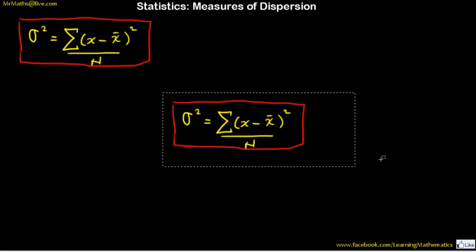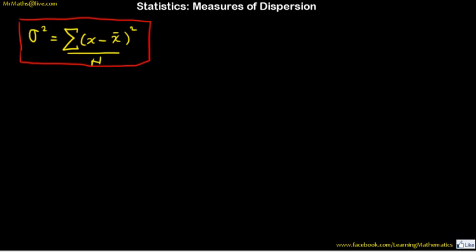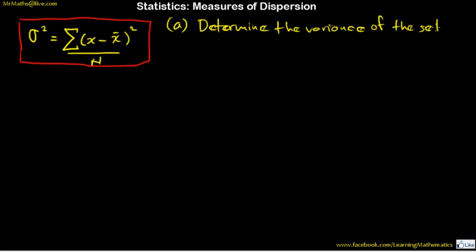Say, for example, a question like this: determine the variance of the set of data 9, 10, 8, 1, 4, 7, 5, 12.